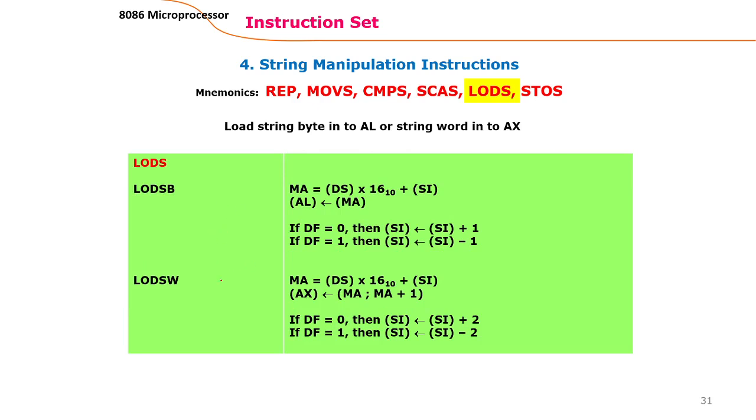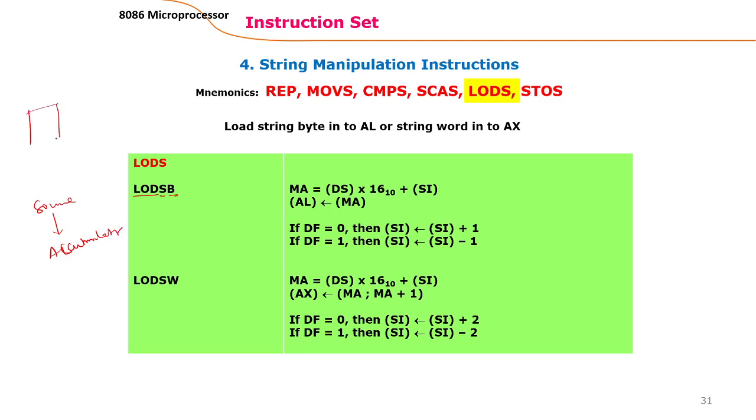Load here, LODS, like load, we are going to load string data byte by byte. Loading means the source data is moved to the accumulator basically. So this is like moving.